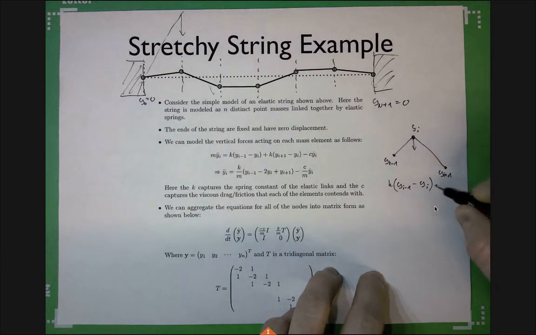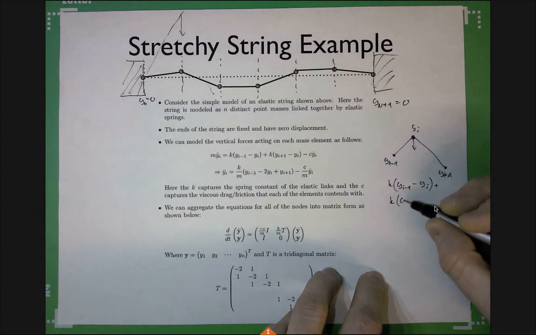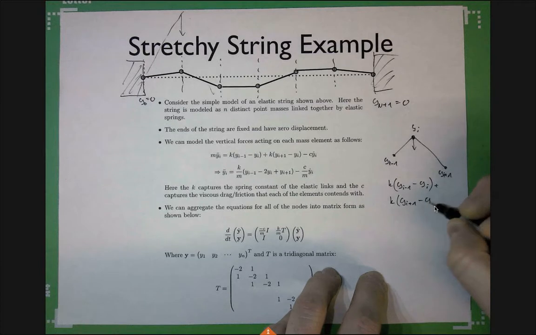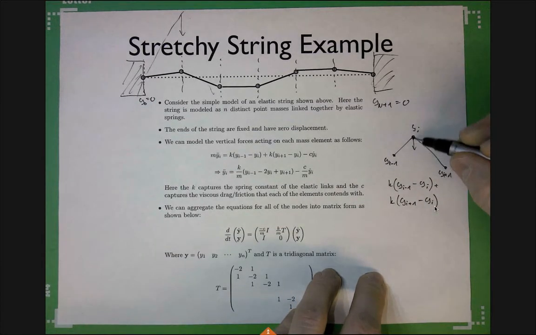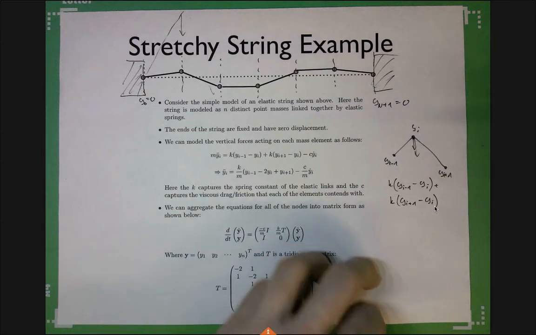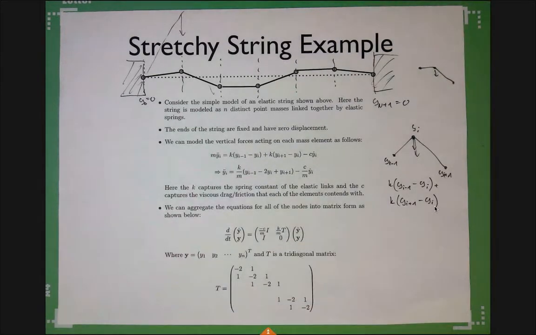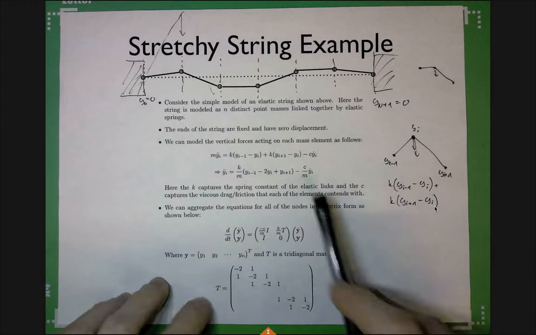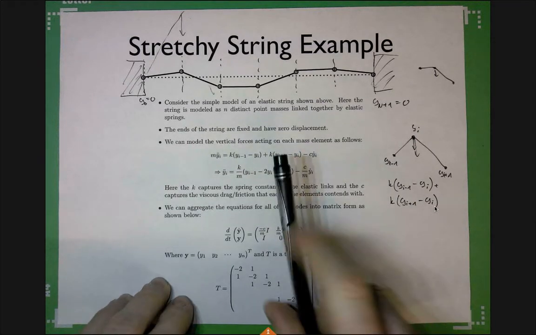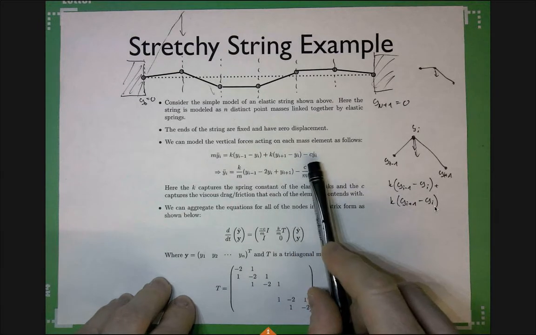And there is the contribution from the other spring, which is k times (y_{i+1} minus y_i). That's another force from the second spring, which also doesn't like to be stretched, so it also pulls it down. This is this part of the equation, and this is the damping part.